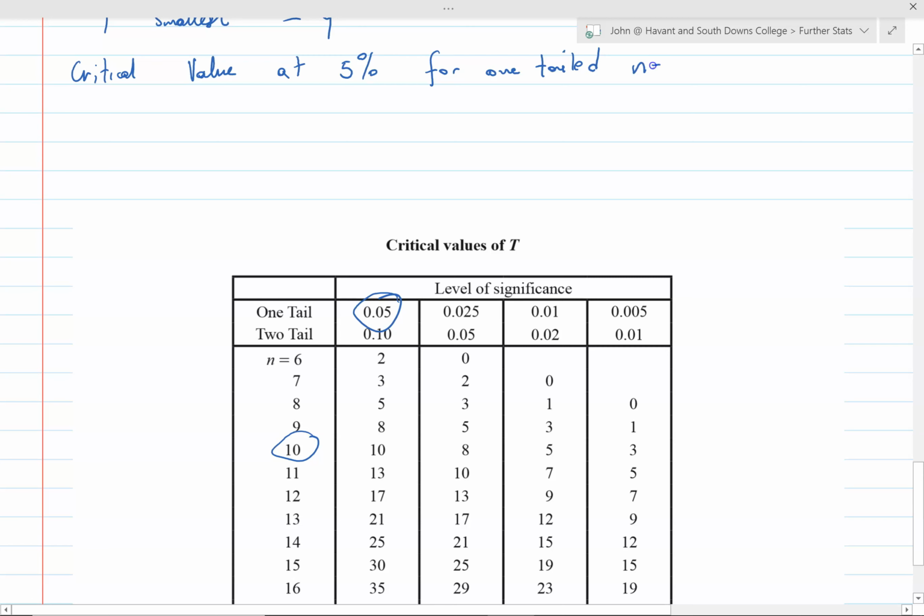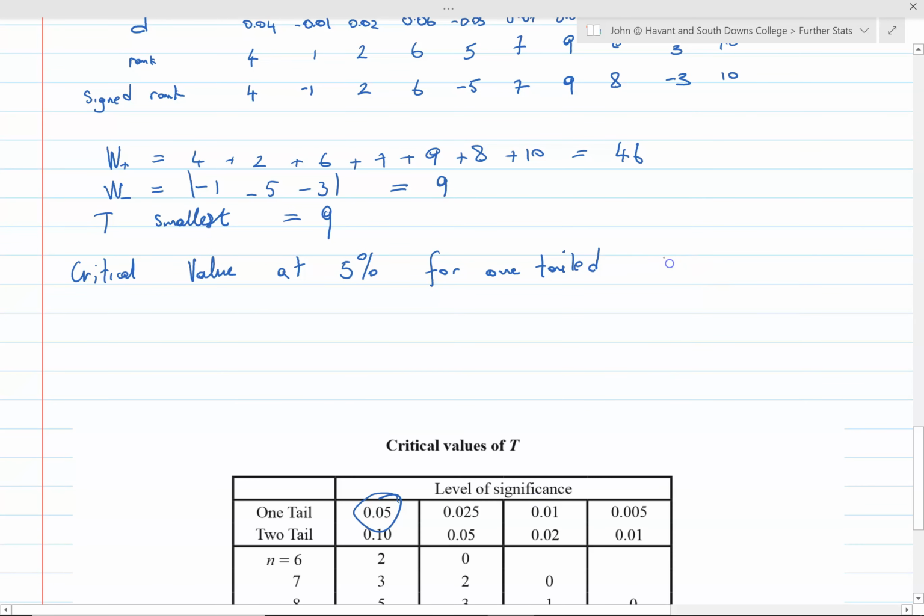So for n equals 10, the critical value is equal to 10, which is greater than 9. So that means we reject H0.